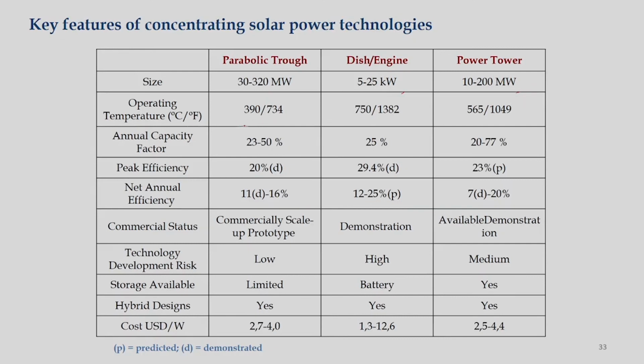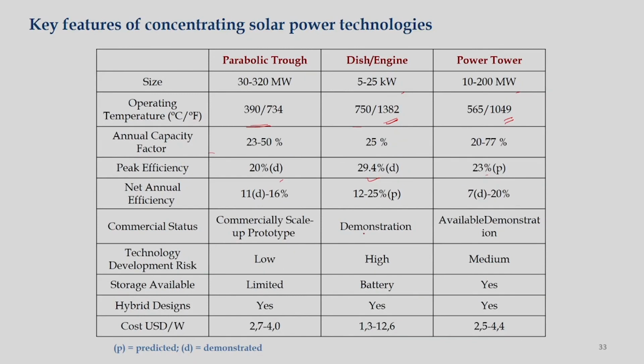Operating temperature you can see here: the dish system's operating temperature can go up to 1382, and in case of power tower it is about 1049. You can compare the annual capacity factor: 23 to 50% in case of parabolic trough, 25% in case of the dish system, and for power tower it is about 20 to 77%. Peak efficiency is maximum in case of dish, followed by power tower and parabolic trough.